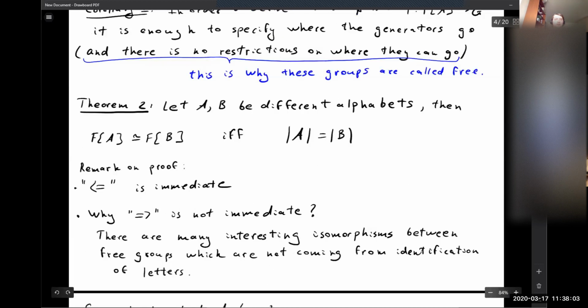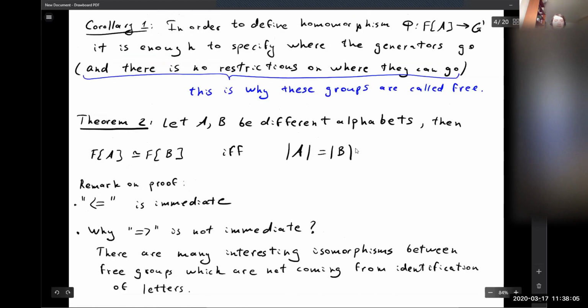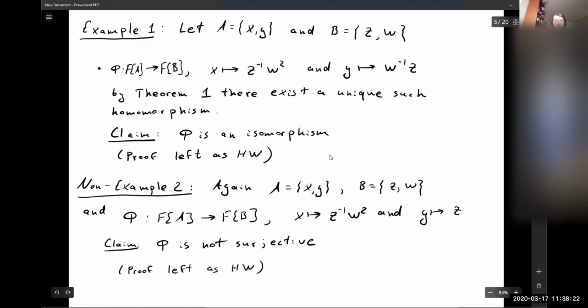However, the previous theorem is true. Let me scroll back for a second: if you do know that the 2 free groups are isomorphic, then you must have that the corresponding alphabets have the same cardinality. And this allows us to introduce the following definition of the rank of the free group. Definition 1.